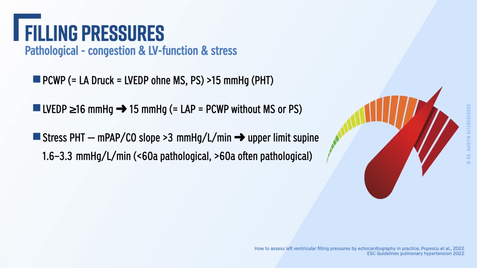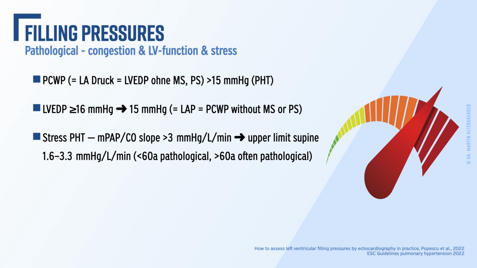The filling pressures are very important to understand, and we have to identify pathological filling pressures. Overall, the PCWP, the pulmonary capillary wedge pressure, is equivalent to the LA pressure and the left ventricular end-diastolic pressure if there is no mitral stenosis or pulmonary stenosis present. The cutoff value is 15 millimeters of mercury.